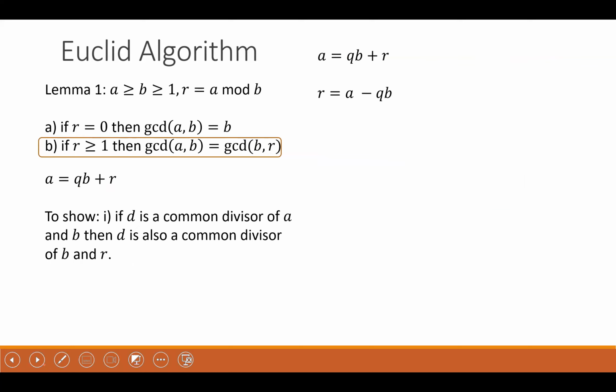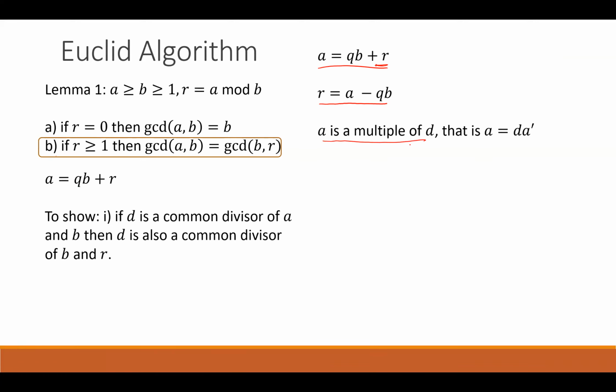Okay, so we can write A as the quotient times B plus the remainder, which means that I can rewrite R as A minus QB, simply with a little bit of algebra. So we're assuming that A and B are both multiples of D. So D is the common divisor of A and B, which means that I can write A as D times some number A prime. I can also write B as D times some number B prime.